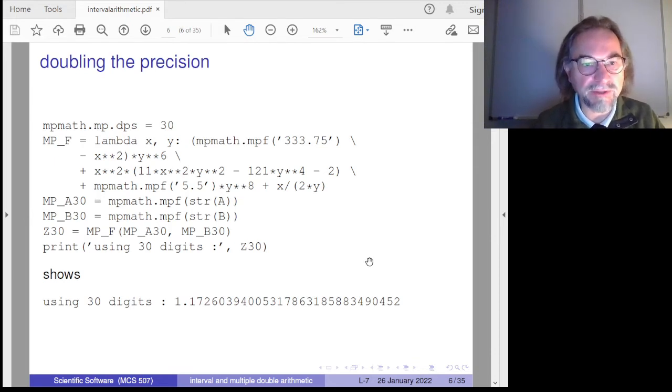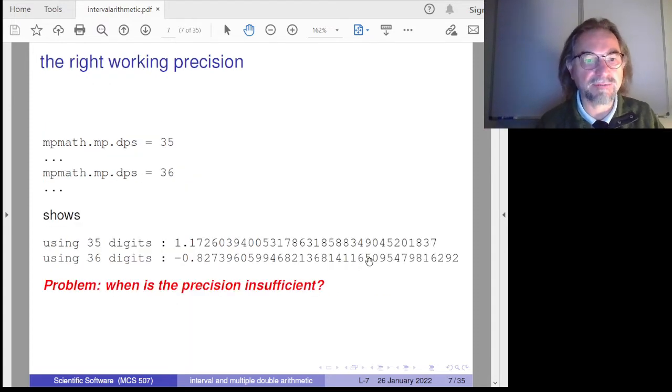So in the lambda function, I left the integers. But all the decimals were actually converted to 30 decimal places. Okay, so you see the 1.17, as we remember, is still there. So we needed actually a negative number.